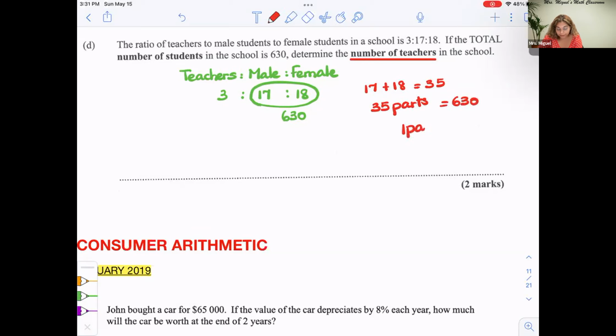So one part is equal to 630 divided by 35. One part is 18. So to find the number of teachers, we multiply 3 by 18 and we will get 54. The answer, 54 teachers. Did you all get that?